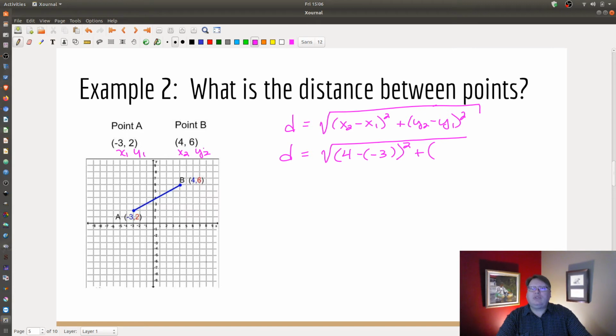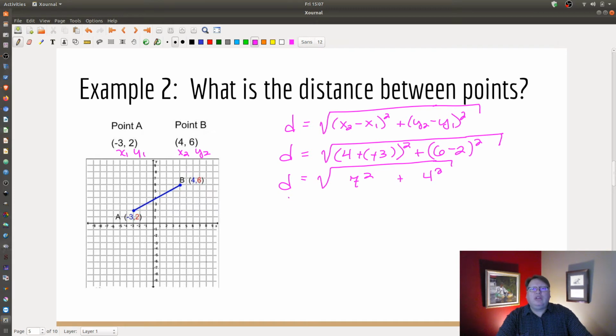And then y2 is 6 minus y1 is 2, squared. And I'm taking the square root of all this. So I get D is equal to 4 minus a negative 3. That's 4 plus 3. So I get 7 squared plus 6 minus 2 is 4 squared.